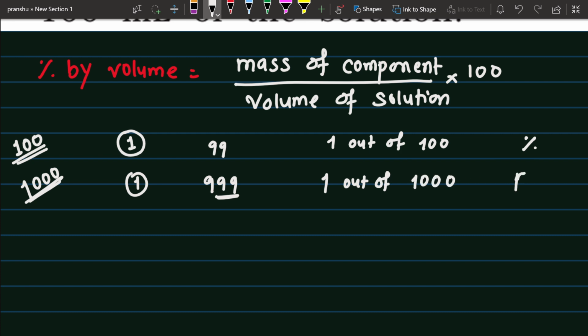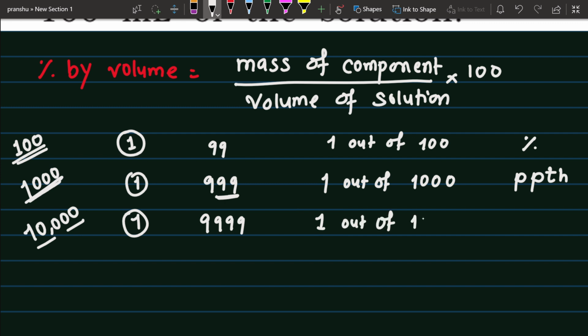In such case we call it parts per thousand. If it is 10,000, 1 particle is here and 9999 particles are here, this is 1 out of 10,000. So we call it parts per 10,000.